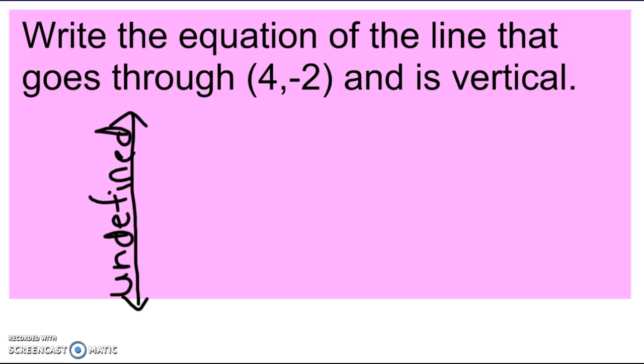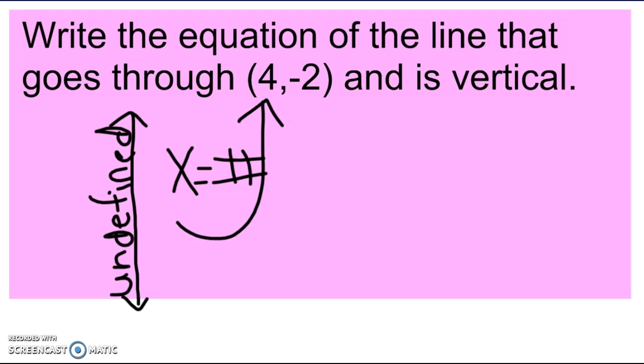It's just the equation x equals whatever the number is in the point. So in this case, x is equal to 4. And that's your equation.